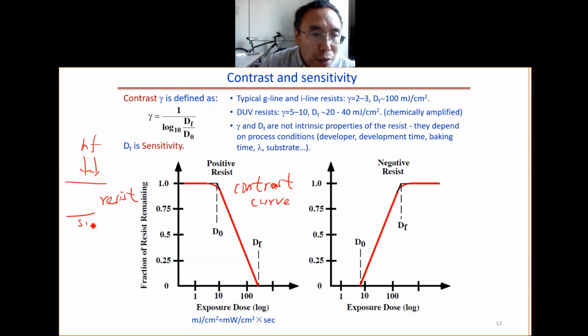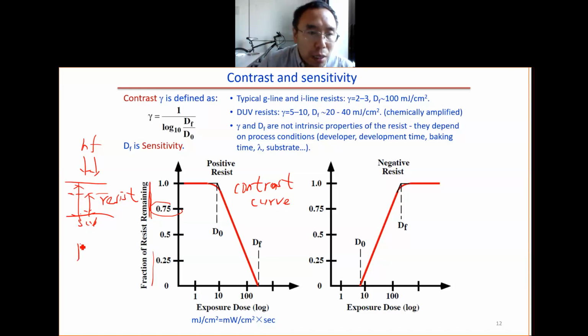After development, maybe it comes to here. Before development it is here, after development it is here. This is the remaining thickness, or rather the fraction of the remaining thickness. For this case, you may say it corresponds to here, so we have 75% of the resist remaining after development.